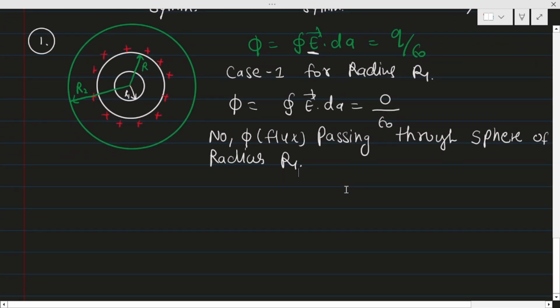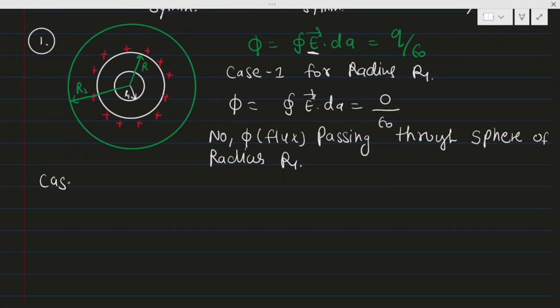Similarly, we should talk about case 2, which is for radius R2. The flux is E dot dA, equal to the summation of Q over epsilon naught, the charge inside this R2 sphere.